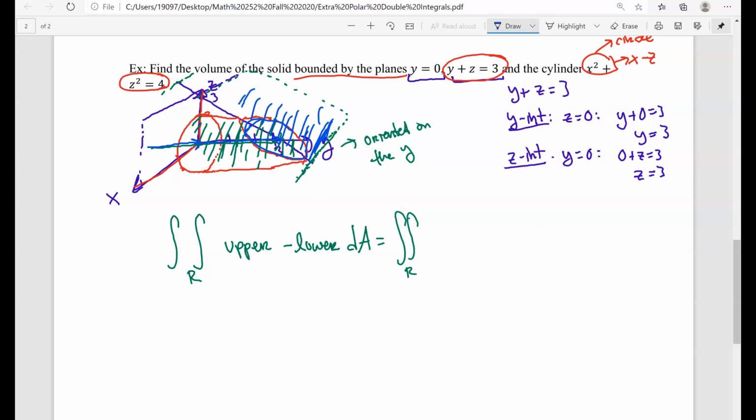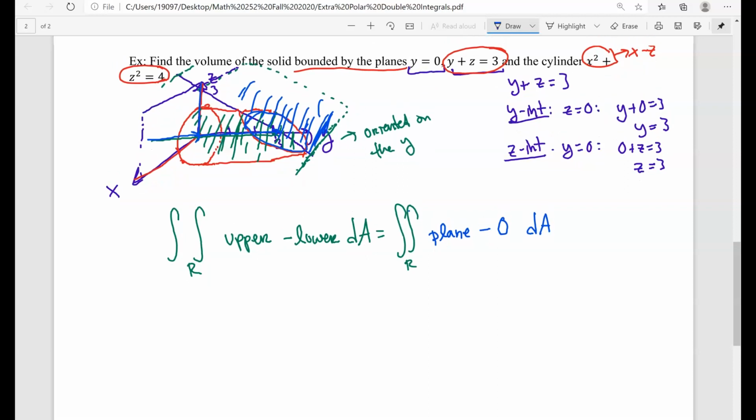So my upper graph in this case is going to be the plane, whatever the equation of the plane is, minus my lower function. Well, it's crossed through y equals 0, so it'll be 0. I'm going to write dA for now. Because we're going on the y-axis, we need everything to be y equals. Notice how it started from this lower plane at y equals 0 all the way to this upper plane.